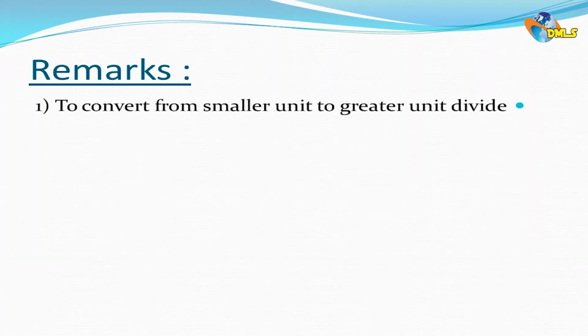Remarks. How can we convert from milliliters to liters, or from liters to milliliters? Let's see the first remark to learn how we can do this. First remark, to convert from a smaller unit to a greater unit, you have to divide. So for example here, 5000 milliliters equals how many liters?